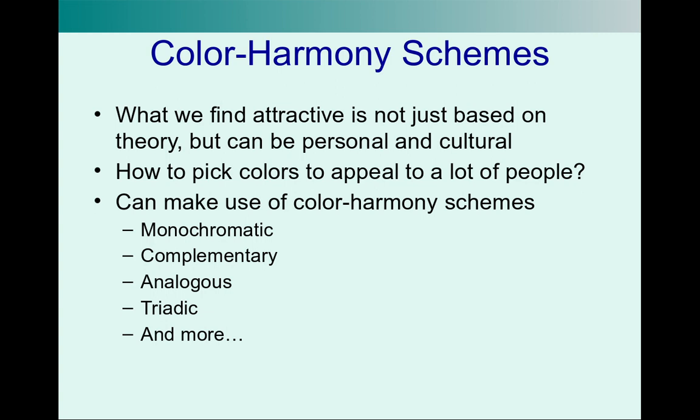Some may consider black to be not that good depending on some values. So now that we want to design a system which will be seen by many different people and we don't know how they are, how do we design a system with colors which appeal to a lot of people?